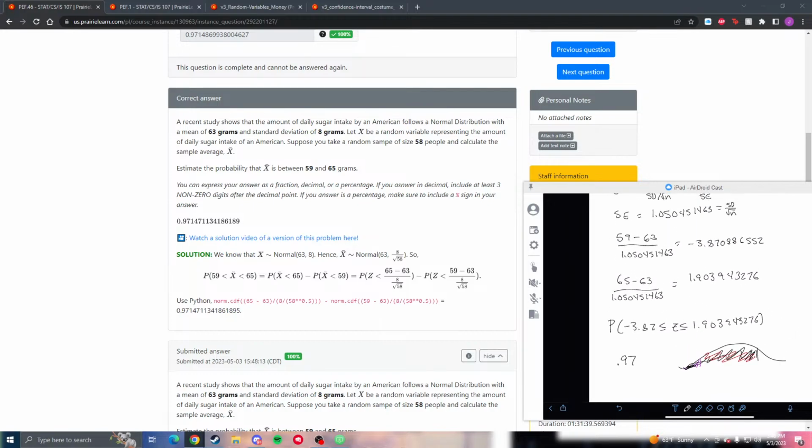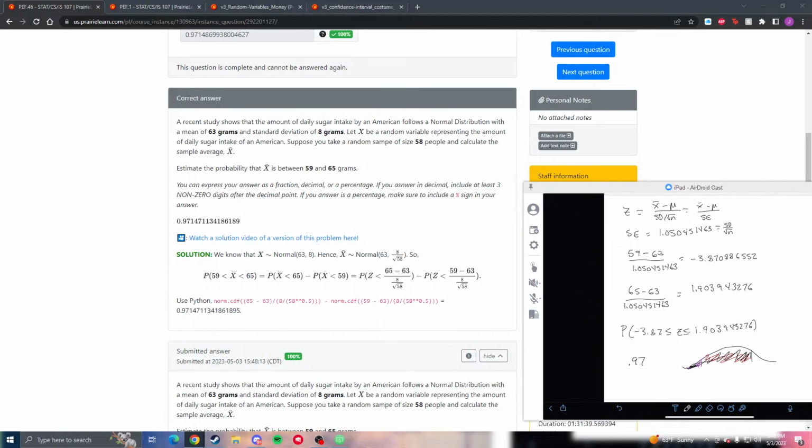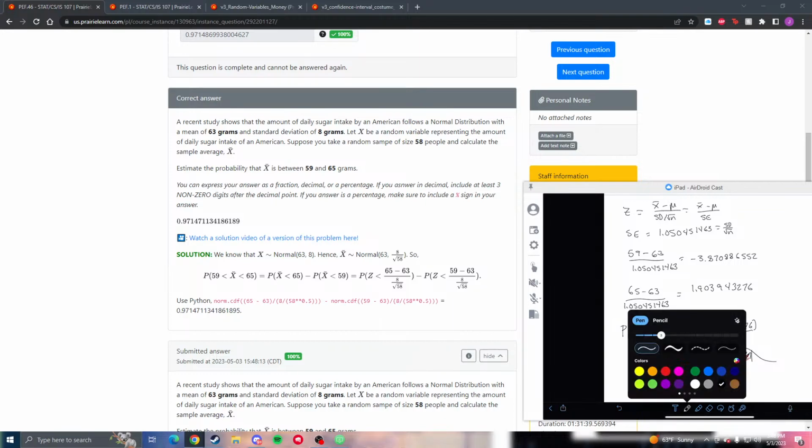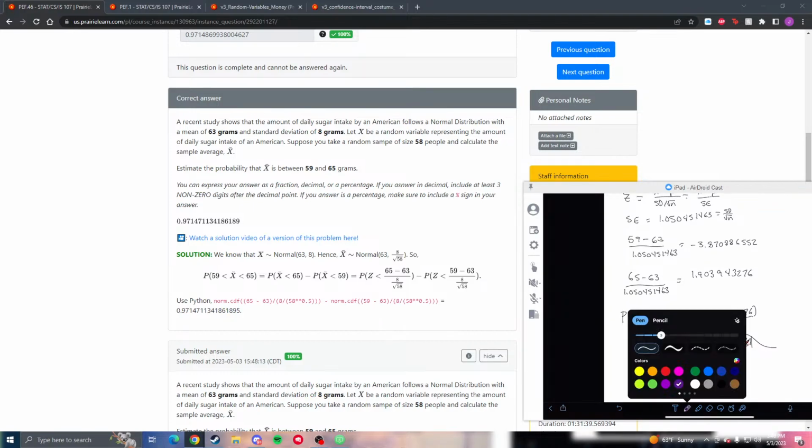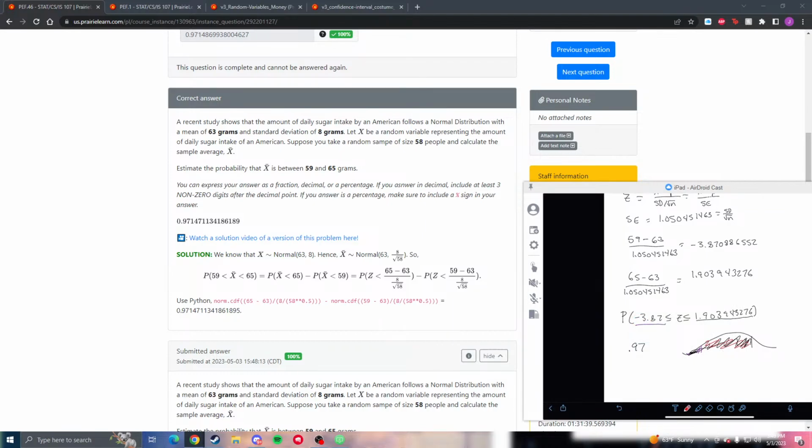Here's all of the work that I did on that if you need to take a screenshot. This is the black area. This is the purple area. And then the red area is equal to the black area minus the purple area.